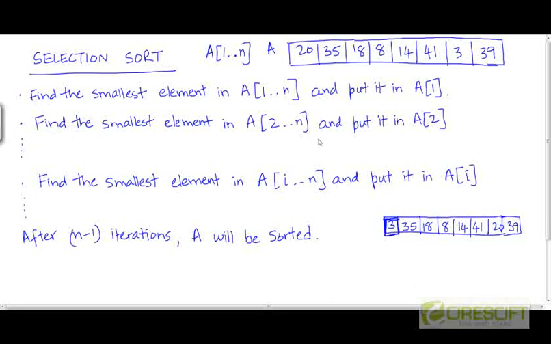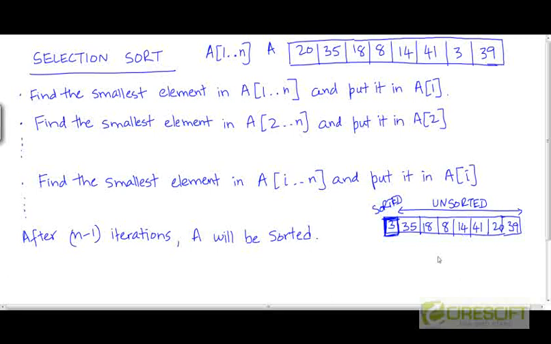Then in the second iteration, we find out what is the smallest element in the remaining part of the array. So this darkened portion is the sorted region, and the remaining part of the array is the unsorted portion.